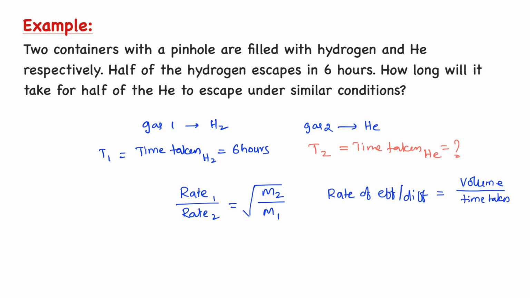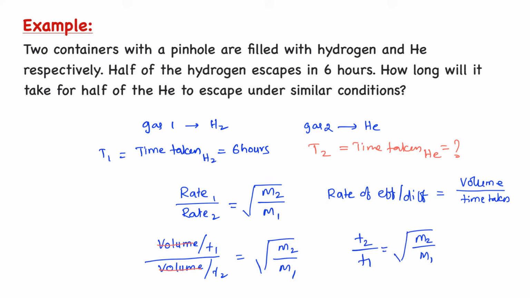So we can replace rate of effusion of gas 1 by V over T1, which is volume of gas effused divided by T1, and similarly rate of effusion of gas 2 can be replaced by V over T2. Since the same volumes of hydrogen and helium are being effused, we can cancel the volumes out. So the equation is T2 over T1 is equal to the square root of M2 over M1.